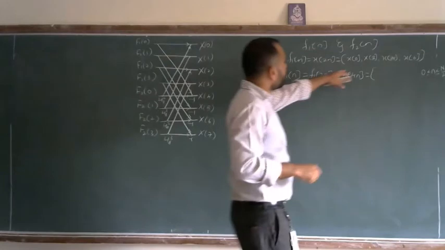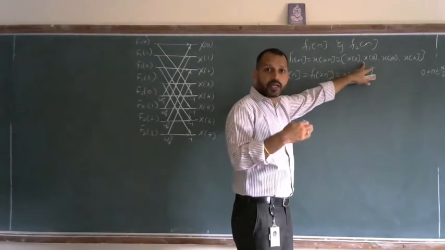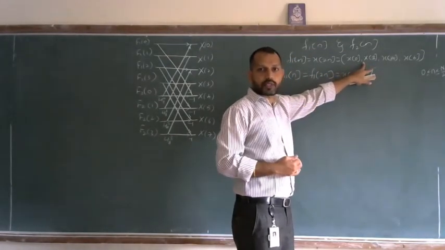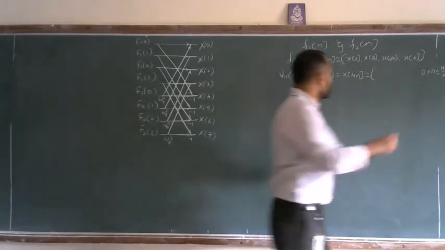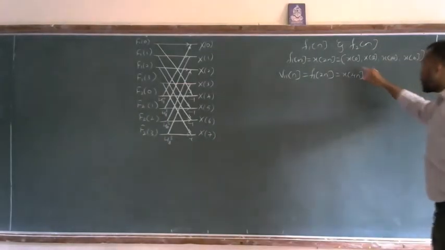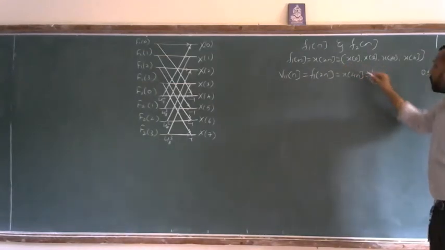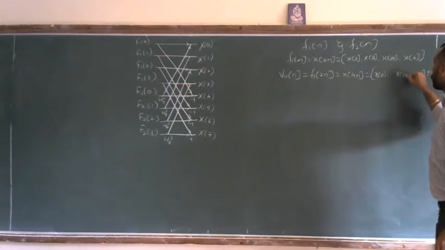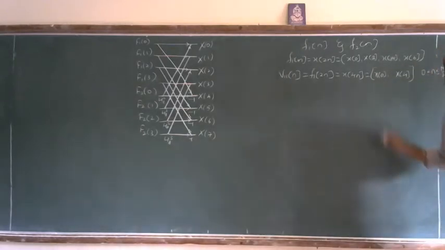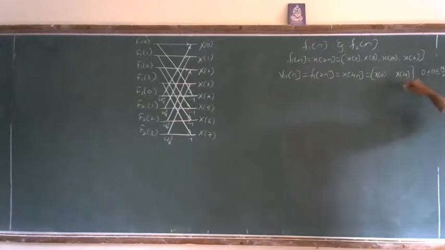Here, this sequence is again being divided into even numbered and odd numbered samples, so it will be N by 4 minus 1. And what are the even numbered samples from this F1 of n? Even numbered samples here are x of 0 and x of 4. We will be having only two samples here.